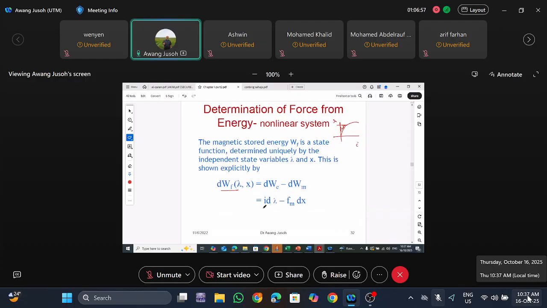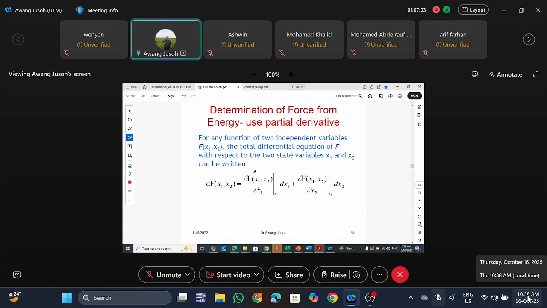Now, in order to find the torque or force, there is a mathematical way to do that. It is called the partial derivative. For any function of two independent variables, this is a mathematical theorem. Say the function has two variables, x1 and x2. The total differential of f, with respect to the two states x1 and x2, can be written as this.